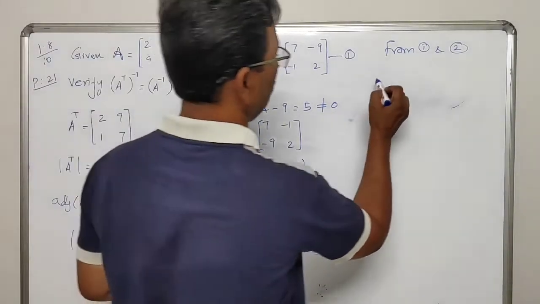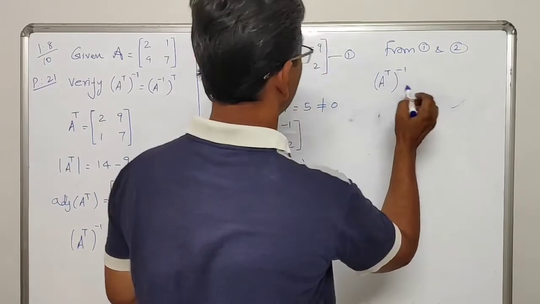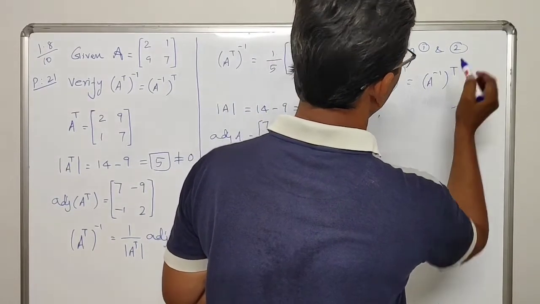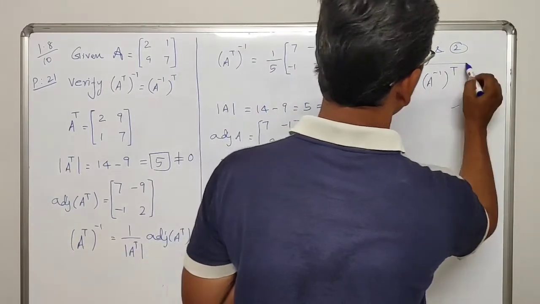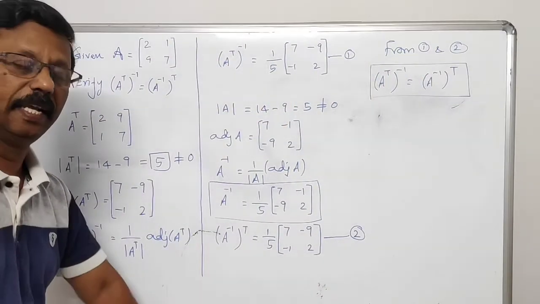Therefore (A transpose) whole inverse is equal to (A inverse) whole transpose. Hence the result is true. Now we have verified. Now let us see the next problem.